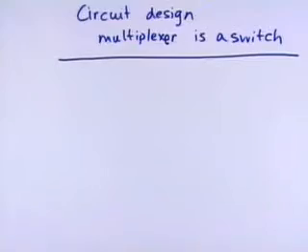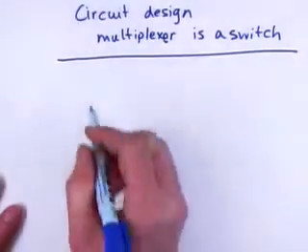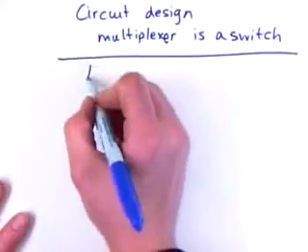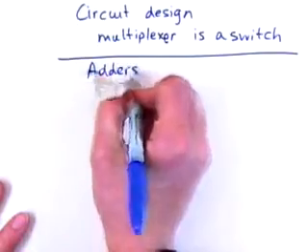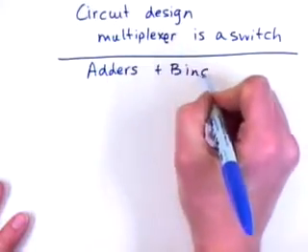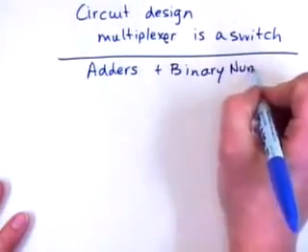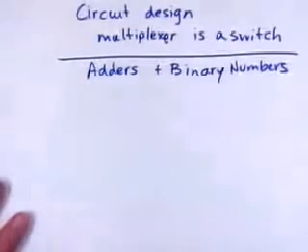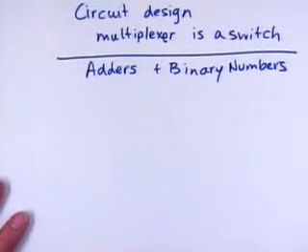I'm always misspelling multiplexer. So we also talked about adders and binary numbers. I want you to be able to understand that. The book also has a discussion of the adder problem in Chapter 9, so take a look at that.